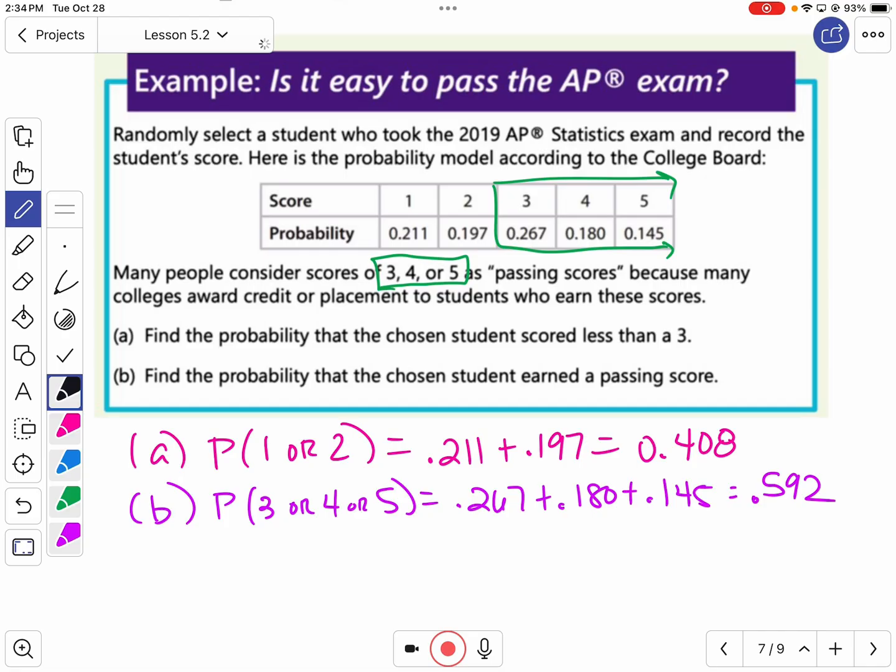Because 1 and 2 doesn't pass, I could have done 1 minus 0.408, that first answer, and still gotten 0.592. So either one of those processes is the same. That's how the complement rule works. It just means that you could subtract what you do know from 1.